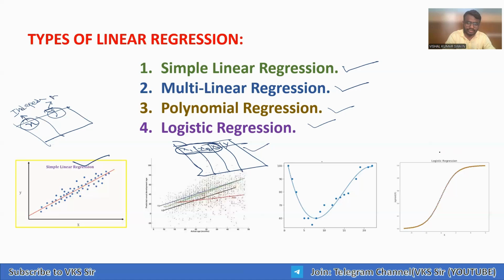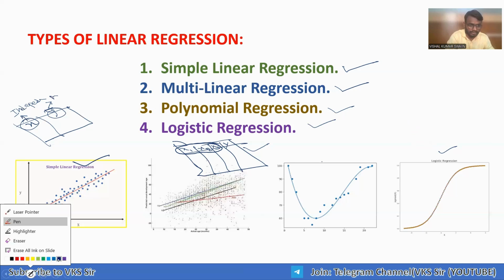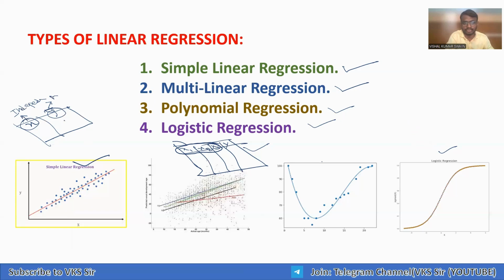Logistic regression is all about classification problems. As you already know about regression and classification, regression is all about real values. It means the target will be continuous, or you can say a real value.